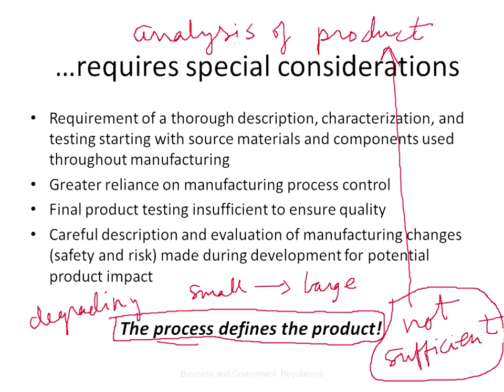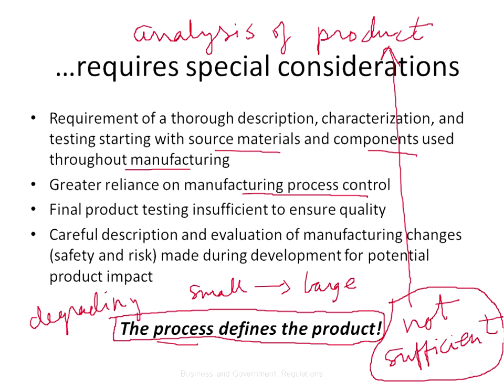Okay, so thorough description, characterization, and testing, starting with source materials, components used throughout manufacturing. Okay, so we are not just testing the product, we are looking at everything throughout manufacturing. Greater reliance on manufacturing process control.